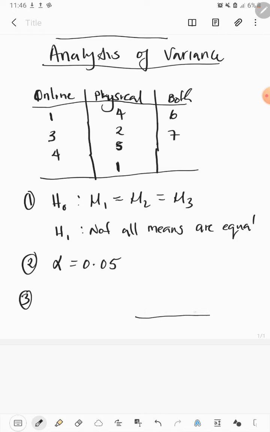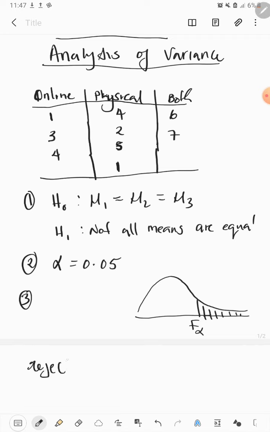We get our F alpha, which is our critical value, and our rejection region will always be the area that is greater than F alpha. Your main job is to find F alpha and state your rejection region. The rejection region is always the same.